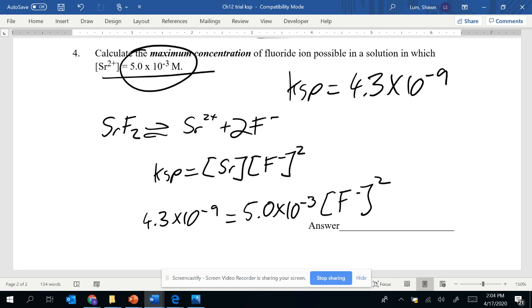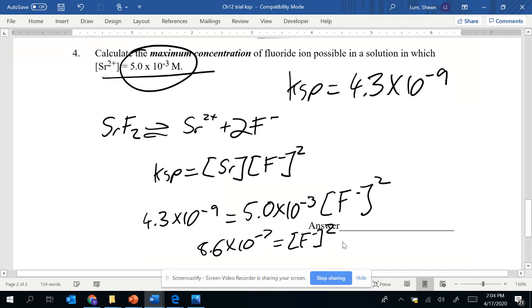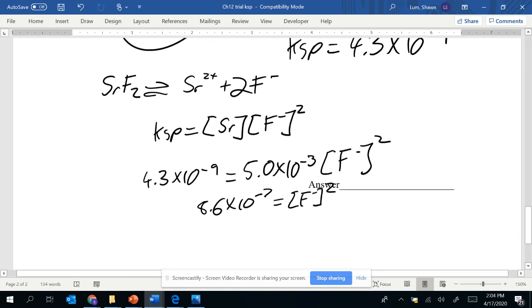I'm going to plug into my calculator. 4.3 times 10 to the minus 9 divided by 5 times 10 to the minus 3 equals, and I get 8.6 times 10 to the minus 7 equals the concentration of fluorine squared. I have that squared there, so I need to take the square root of this number.